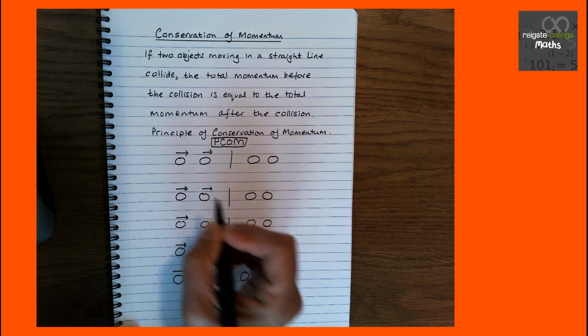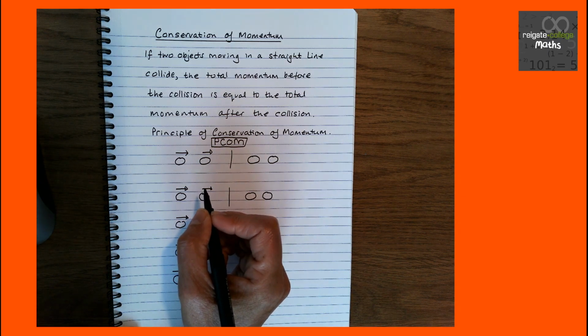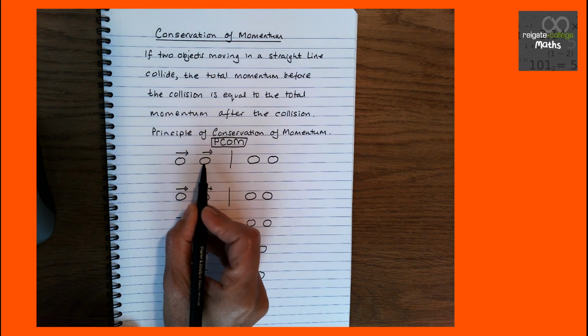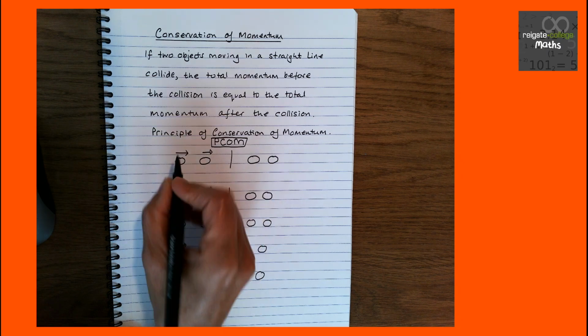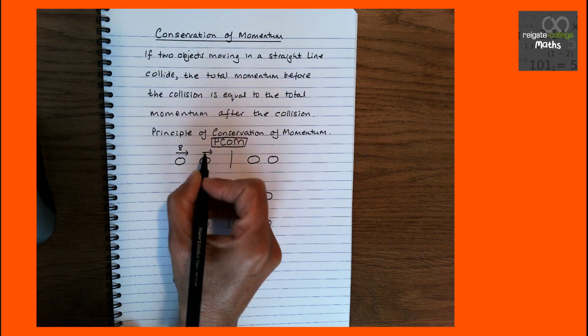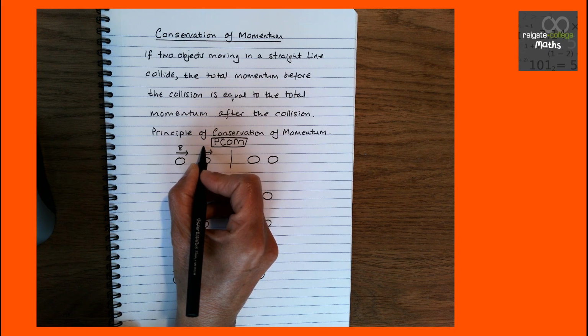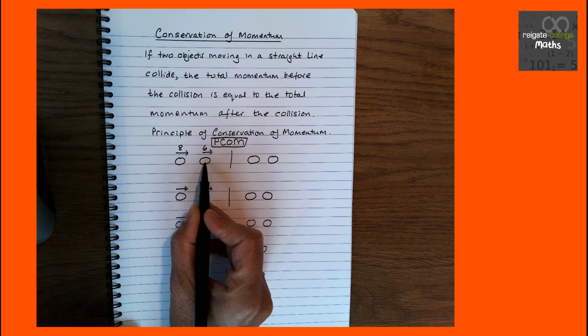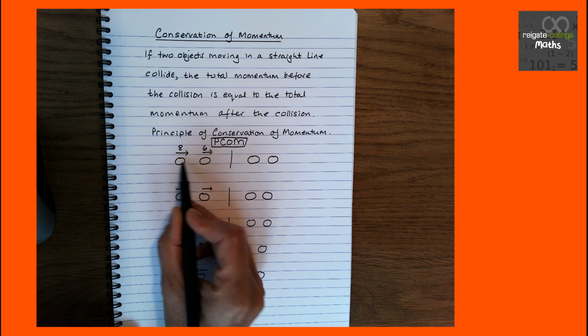Before we move on to the questions in the booklet, let's have a think about what happens when two particles collide. So if I've got two particles, here and here, this one moving with a speed of 8, this one moving with a speed of 6, and notice that this one must be going more slowly than this one, otherwise this one won't collide with it.